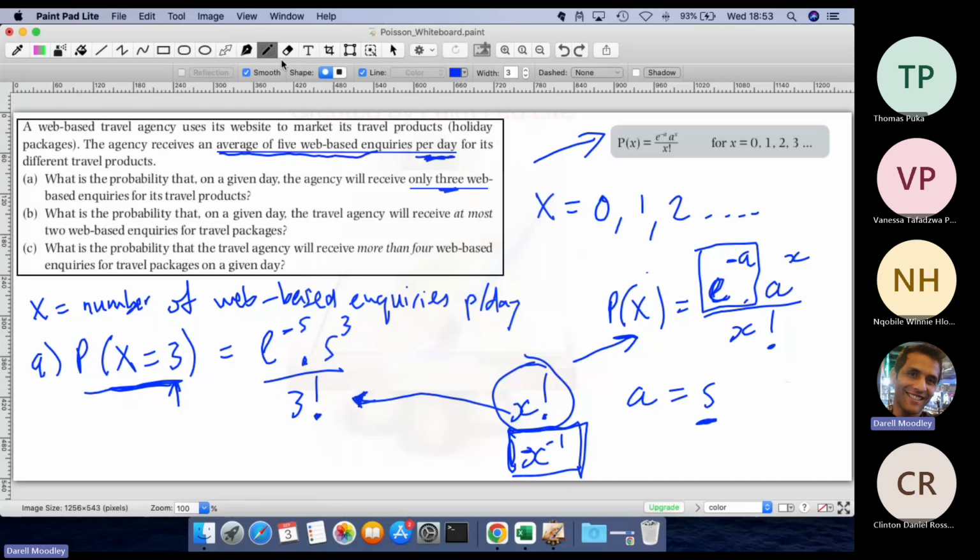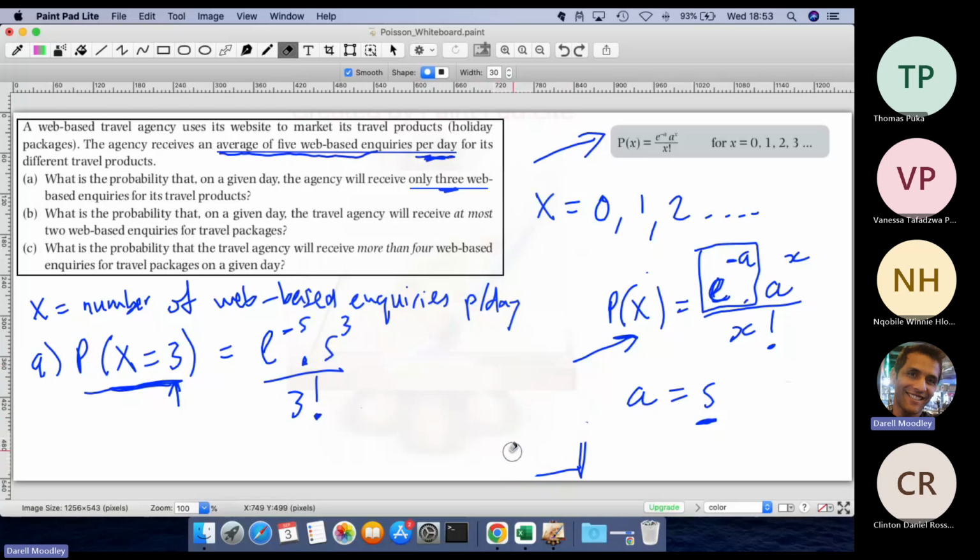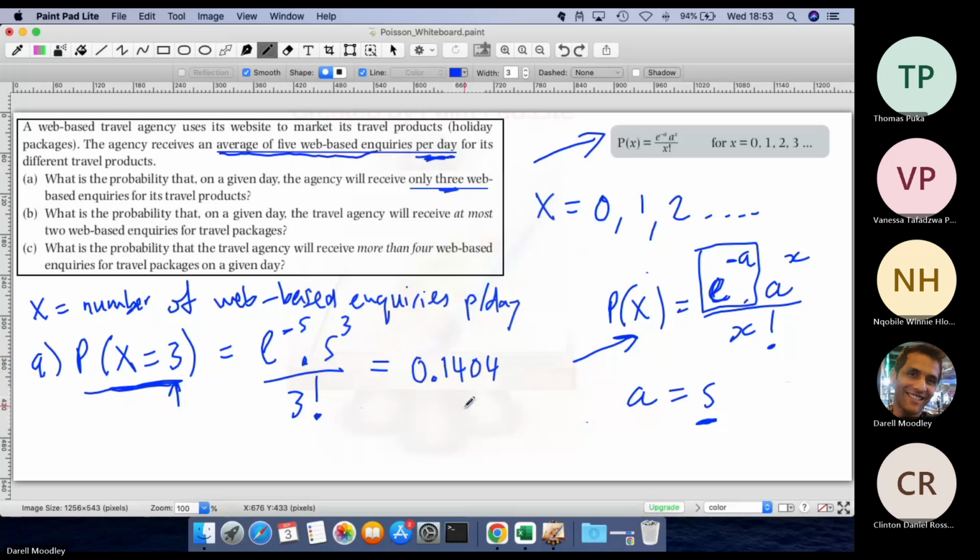If you enter that in your calculator, you get a value of 0.1404, about 0.14. That's how you would do question A.